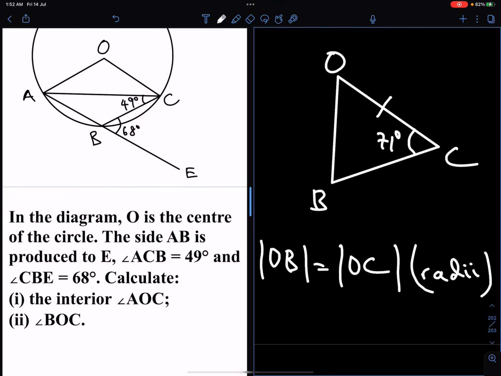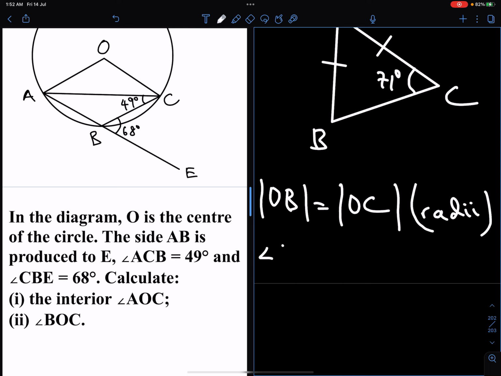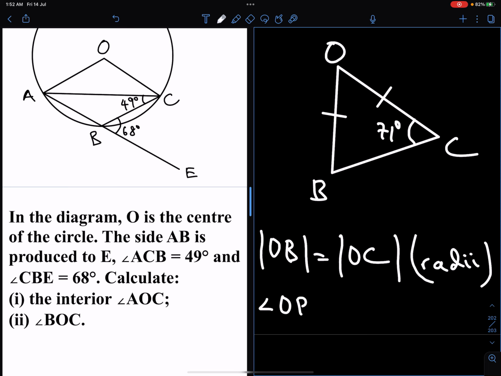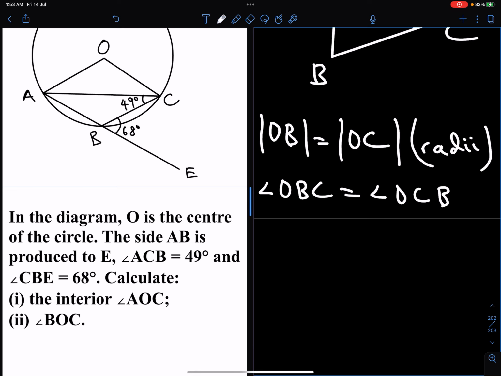So that means this length is equal to this length. So in triangle OBC, angle OBC equals angle OCB, and the reason for that is base angles of isosceles triangle OBC. Angle OBC equals angle OCB, which is 71 degrees.